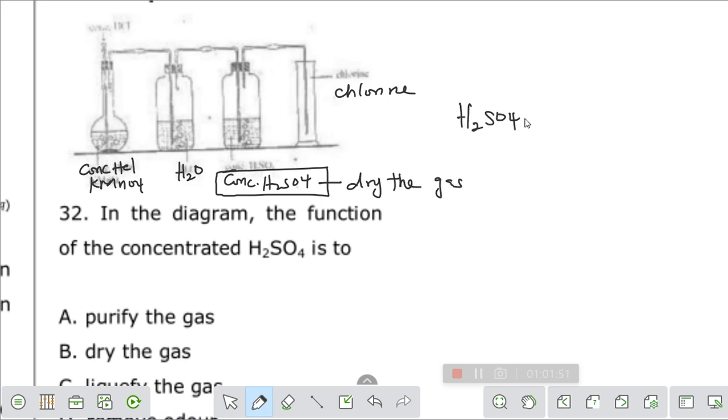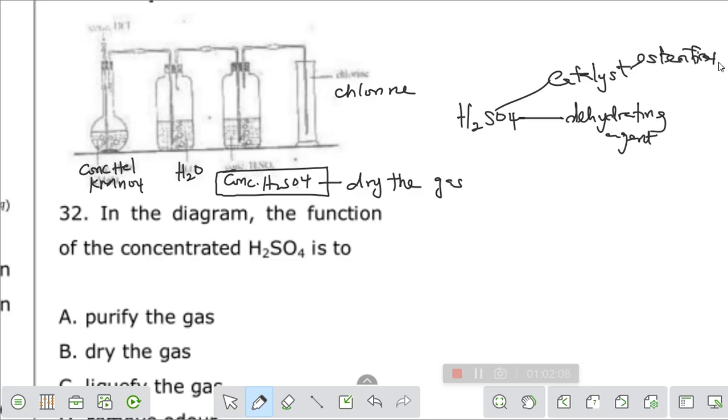In organic chemistry, most of the time, they use it as a dehydrating agent, and as a catalyst in esterification. Now, in inorganic chemistry, they use conc H2SO4 as a drying agent. So it is the one that will dry the chlorine gas.